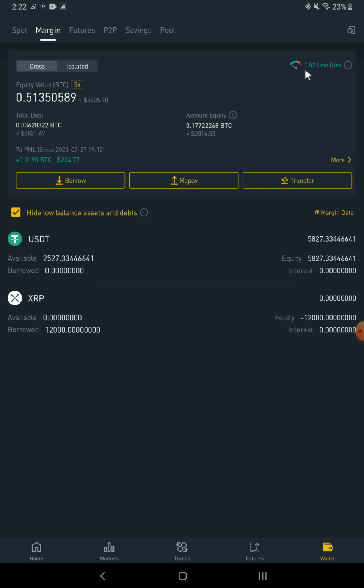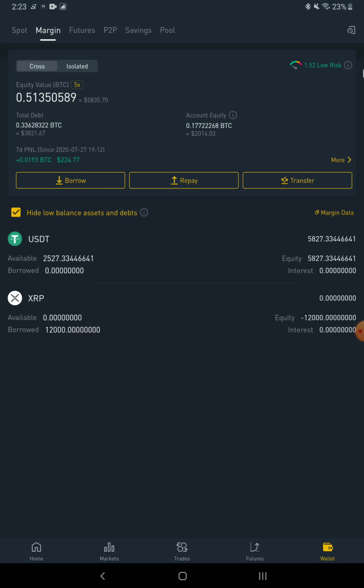You don't want to be at 1.15, 1.2, 1.25, because then you're just an idiot. If you're an idiot, I'm sorry to call you out, but yeah, I'm going to call it out. If you were playing with a risk level of 1.15, 1.2 every single trade, you're just asking to get liquidated, and it's going to happen. You're going to ride that out if you don't even have the discipline to actually maintain your risk level here on Binance.